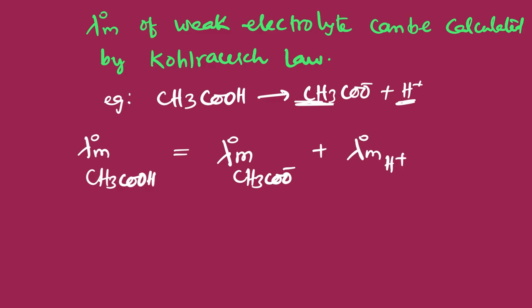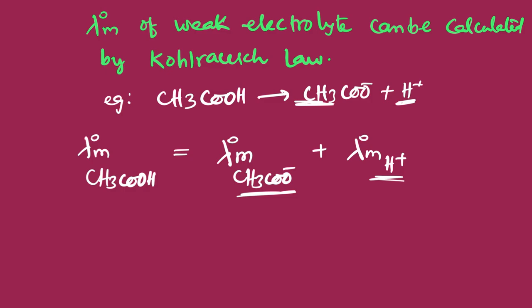These ions also belong to strong electrolytes. We can get these ion values from strong electrolytes by using the Debye-Hückel-Onsager equation. Carefully remember that these are also the anion and cation of strong electrolytes.